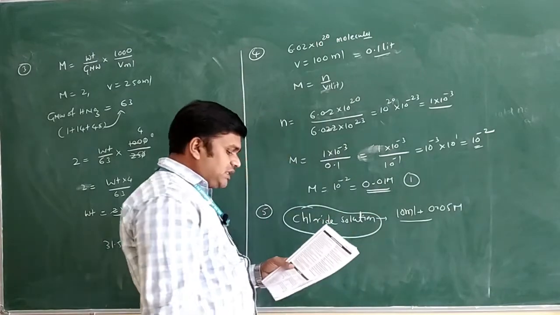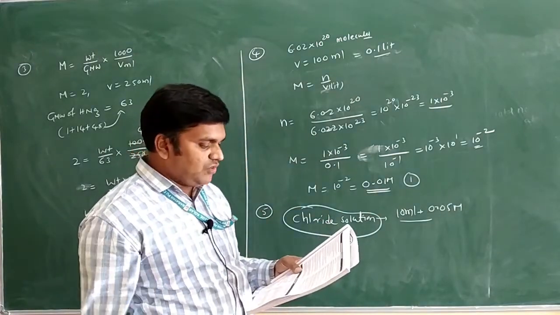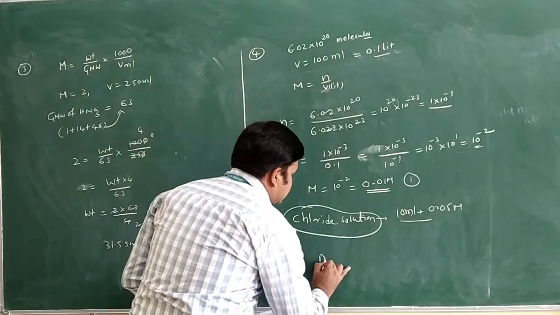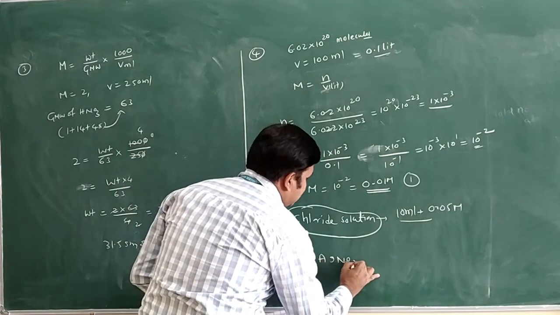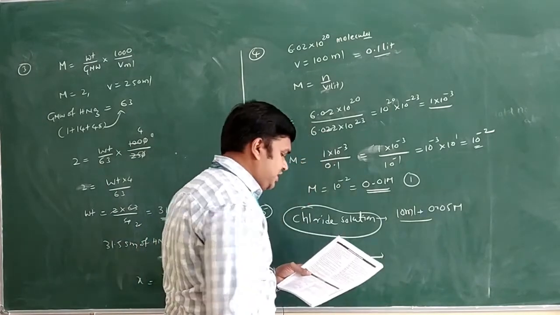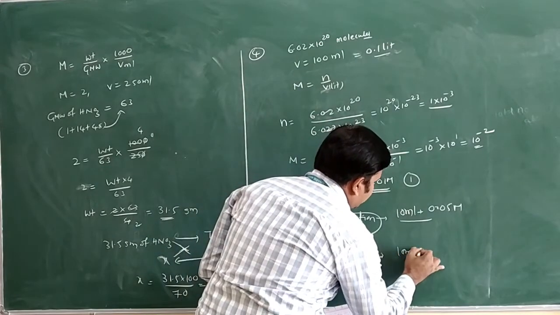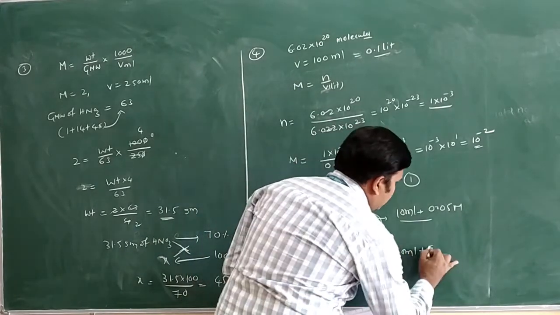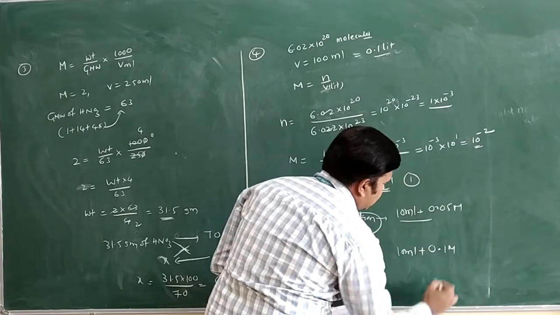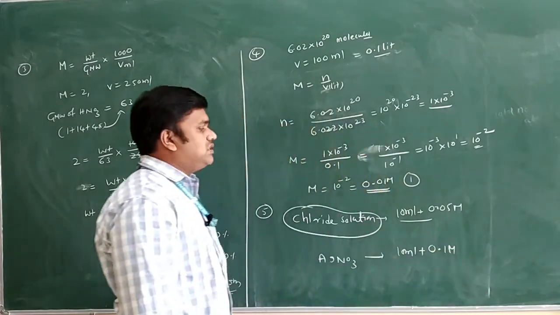This chloride solution requires how much AgNO3? It requires 10 ml of solution with 0.1 molar concentration only.